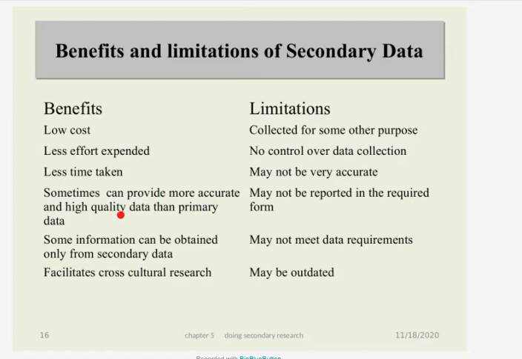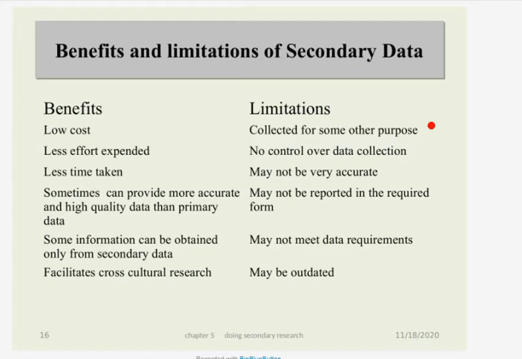Sometimes they provide more accurate and high quality data, sometimes than primary data. Some information can be obtained only by secondary data. ما اقدرش اجيبها من الاول وجديد. Facilities across cultural research. However, we have many other limitations.